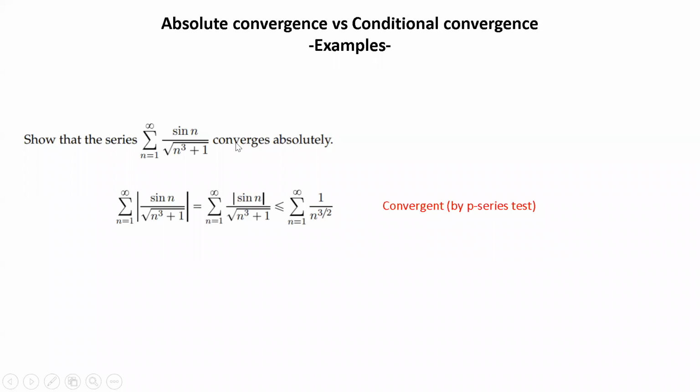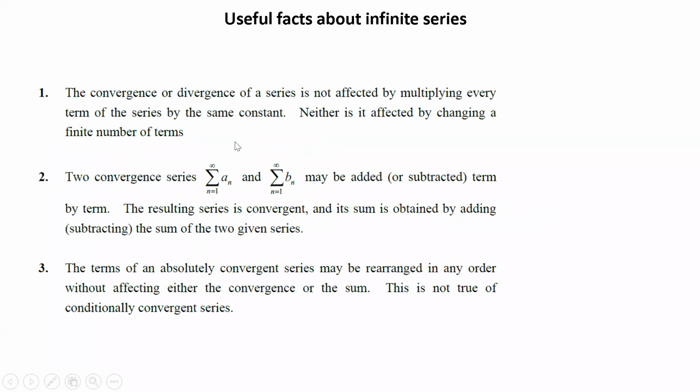So one final remark over here is that suppose I have a series. If I multiply every term in the series by the same constant, it won't affect whether this series converges or diverges.